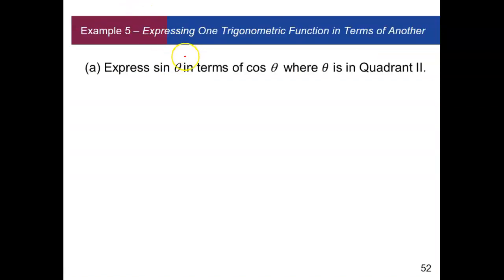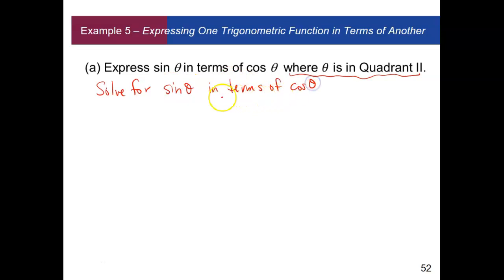Okay, so here we have one. We're asked to express sine in terms of cosine, and it's in the second quadrant. So we'll worry about the second quadrant part at the end. But here I want to express sine in terms of cosine. So basically that's telling me that I want to solve for sine in terms of cosine.